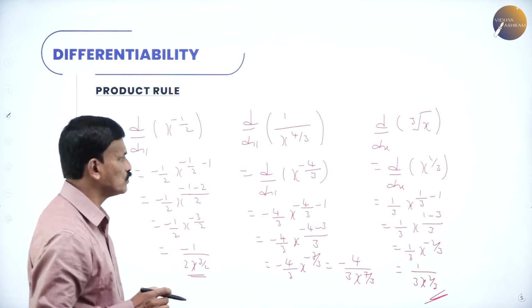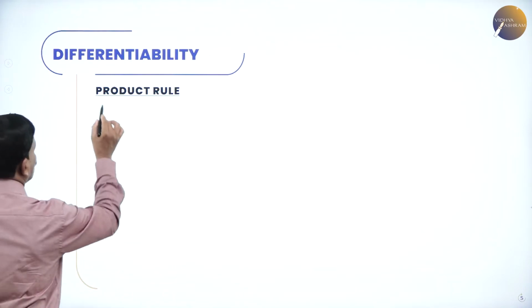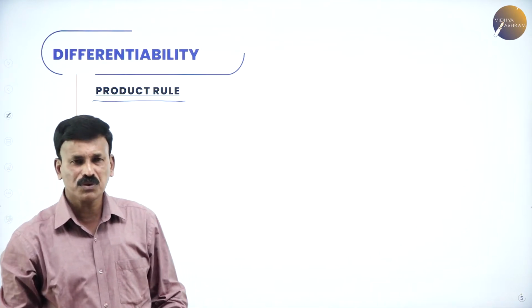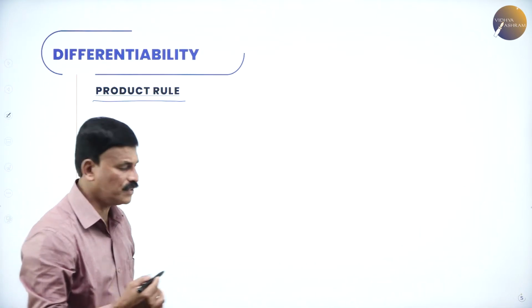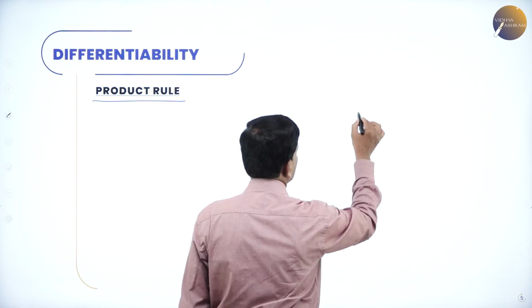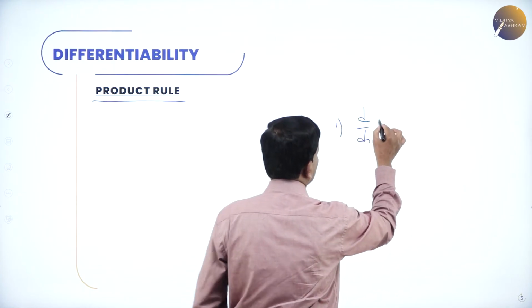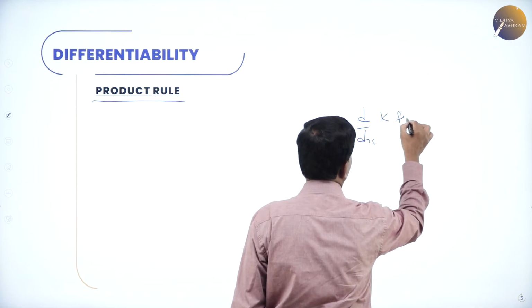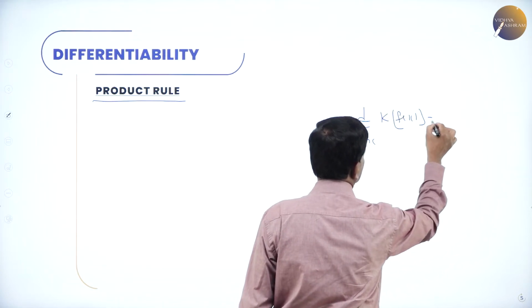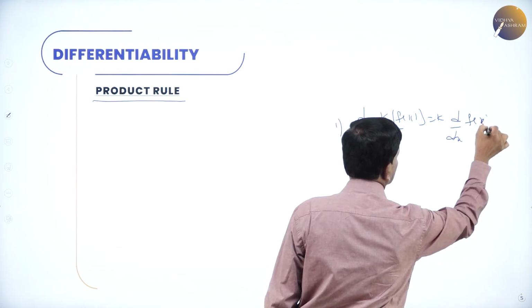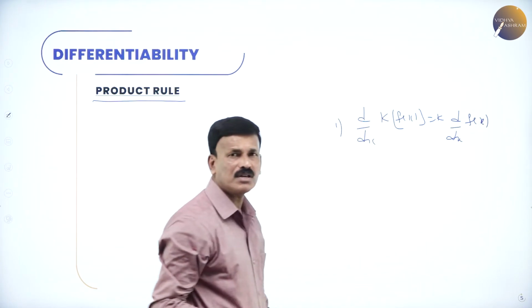I will take the product rule. Before going to the product rule, let us recall the rules of differentiation. You might have studied these: d by dx of constant into function means the constant is kept and we differentiate the function, where k is a constant.